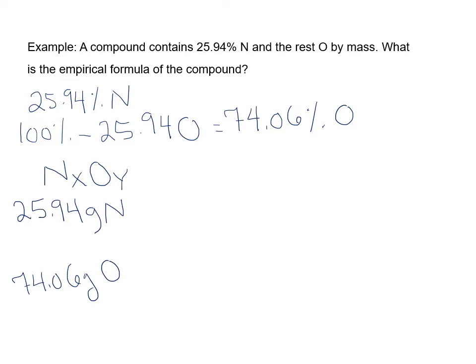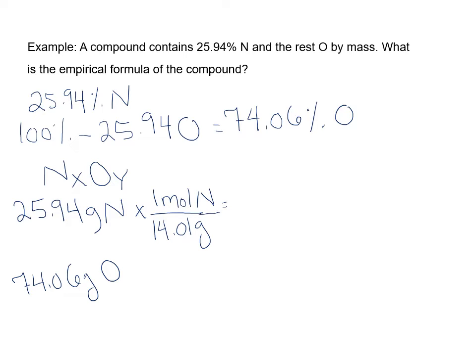So really all I did was convert the percentages into grams. And then I'm going to convert the grams into moles because the x and y values here are mole ratios. And so I need to find the mole ratios, so I have to convert the masses into moles. So I use the molar mass of nitrogen from the periodic table, which is the bottom number in the periodic table.